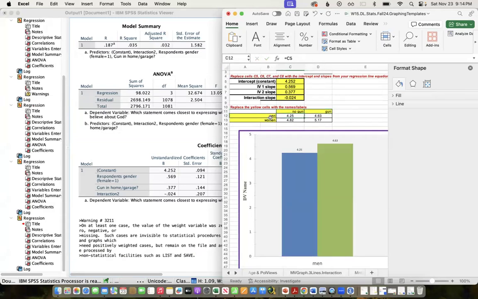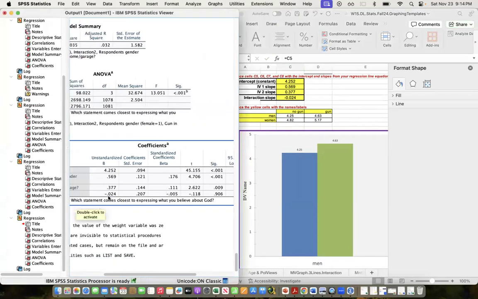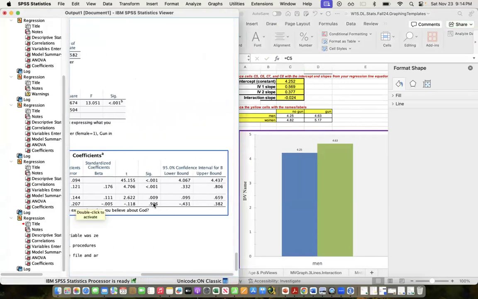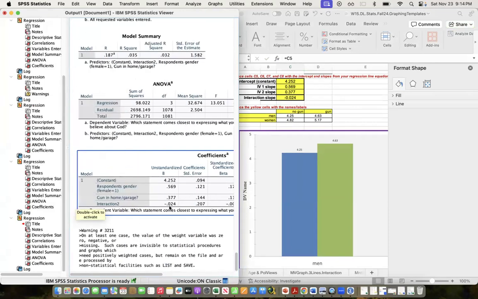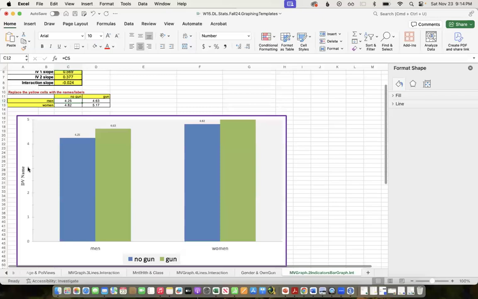And we can see also that for the interaction here, negative 0.024, it's not significant. It could be 0 among all US adults. So we might see a little difference here because of this in the graph, but we're not confident that the interaction actually does make a difference here.